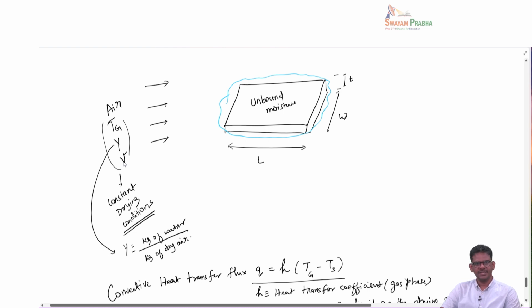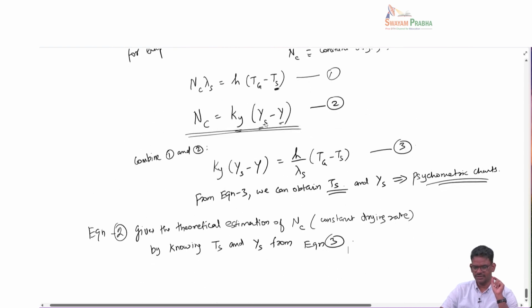Do I have to do this experiment all over again, or can I make a prediction, an extrapolation, from the known data? Or if I change the initial humidity, or the dry bulb temperature Tg, can I use one single experimental data point and extrapolate what would happen if I change the drying conditions? That is the question we want to answer. To answer it, we look at equation 2 and find out what would happen if I change the drying velocity, the temperature of the drying gas, or the humidity itself. That is the context.